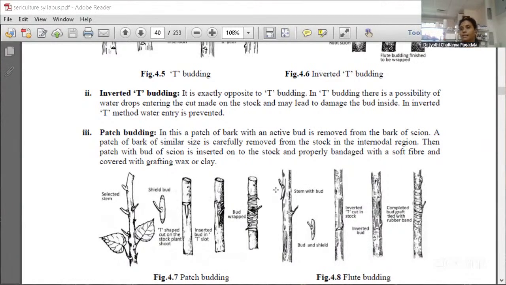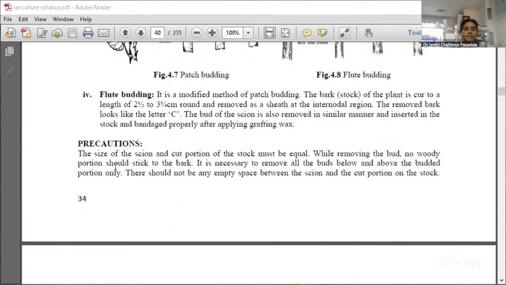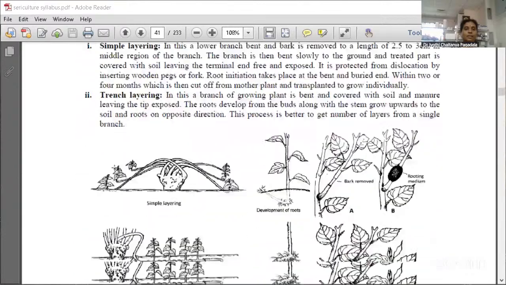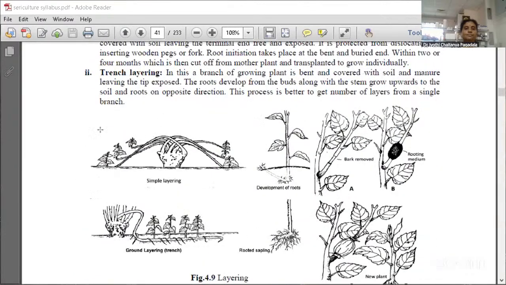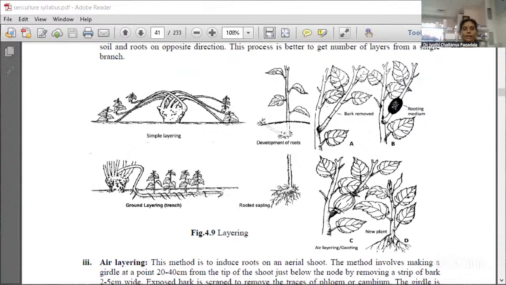There are three types of layering. One is simple layering. Here we will see the figure. Now we are talking about simple layering.